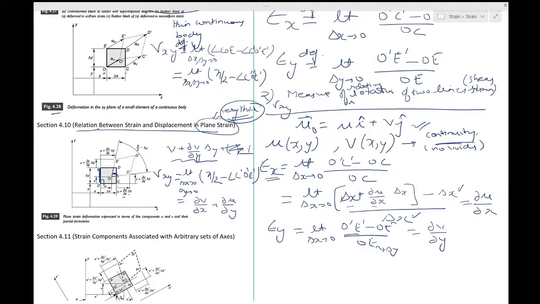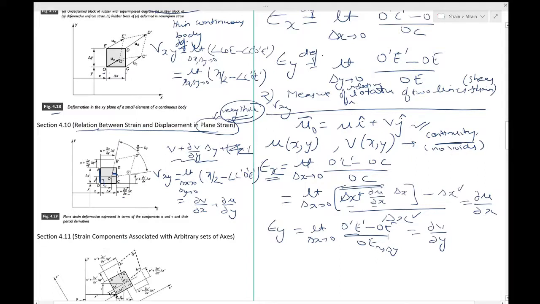Okay. So this is how you can write this term. Now you must definitely try to see how these angles are written and how these values are written. You must really be convinced about this.